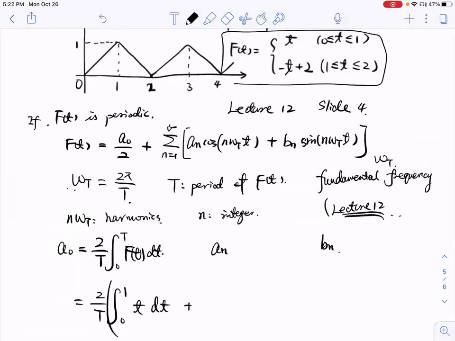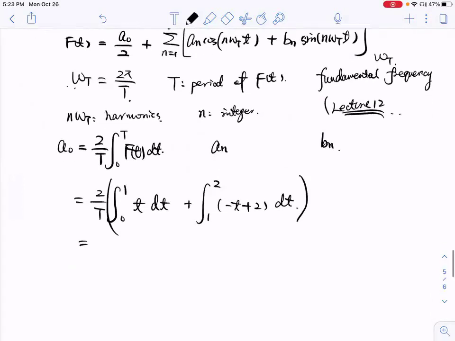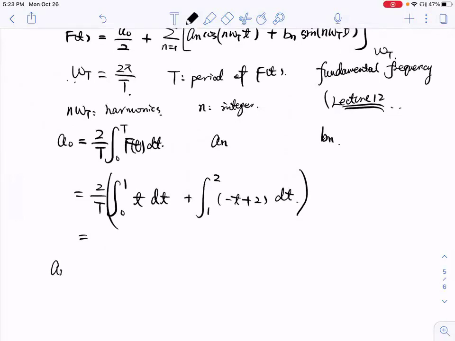In the second part, from 1 to 2 seconds, you have minus t plus 2 dt, right? And then you have to calculate this integration and find your a naught. So a naught is usually easy. Your a_n is 2 over T, integration from 0 to T, of f(t) times cosine(n omega_T t) dt.